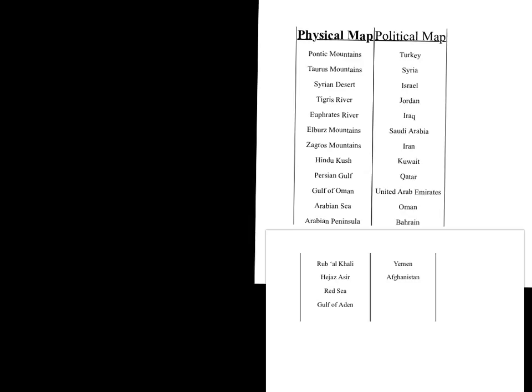In a political map, please remember the names of the countries, such as Turkey, Syria, Israel, Jordan, etc., should all be labeled in all caps, underlined, and highlighted on the map. Physical maps are going to be a little bit different. Rivers like the Tigris River, the Euphrates River, we're going to label in blue, as well as other bodies of water like the Gulf of Aden, the Red Sea, the Arabian Sea, the Gulf of Oman, and the Persian Gulf.